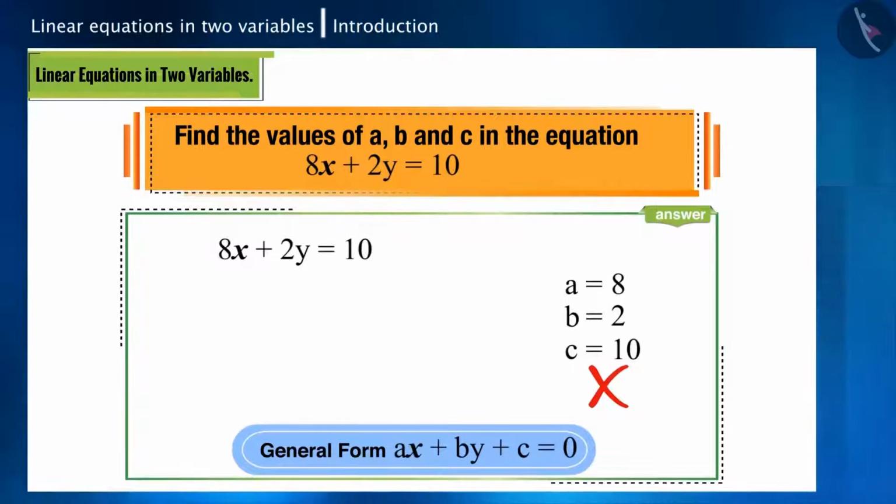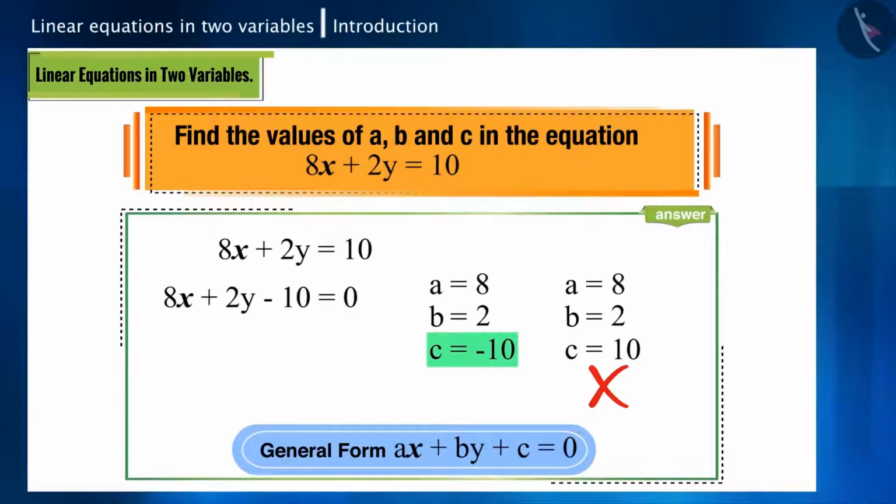So, first we will write it in this form. So, this will become 8x plus 2y minus 10 is equal to 0. Now, we can compare it with the general form. So, here a is equal to 8, b is equal to 2 and c is equal to minus 10, and note, c is not equal to 10.